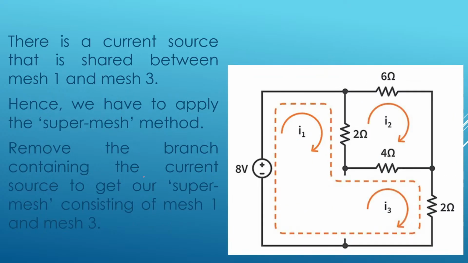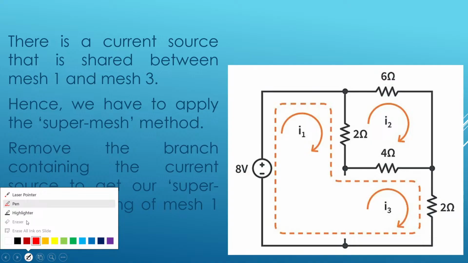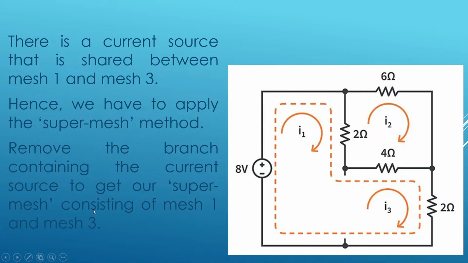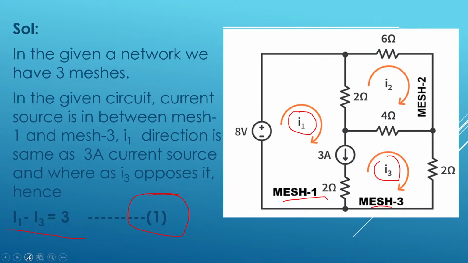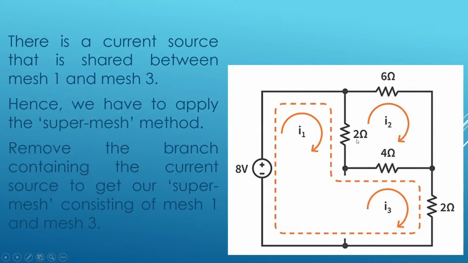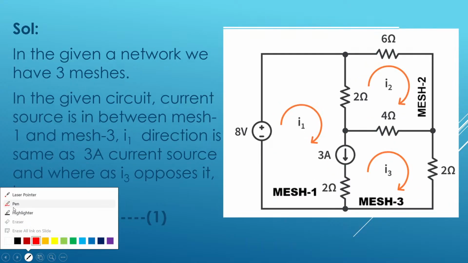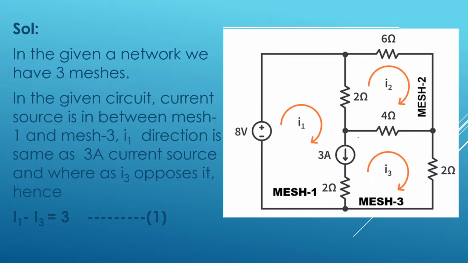Okay, now in the previous problem I told you two methods. Here in this second problem I am going to follow method 2. So in method 2, what did I do? I removed the current source. If you observe in this problem, in series with the current source there is a resistor, isn't it?